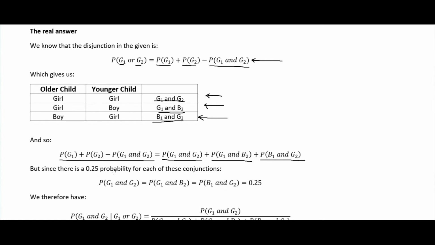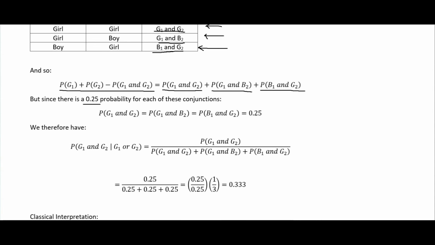But since there is a 0.25 probability for each of these conjunctions, because remember there is also the probability of boy 1 and boy 2, but since we are doing the given, we have collapsed that down, but we still have to use the probabilities from the full set of possibilities.